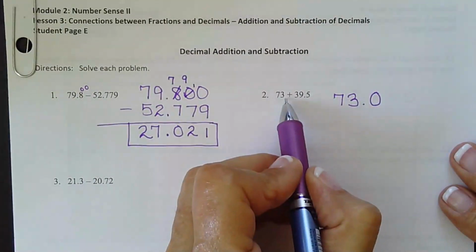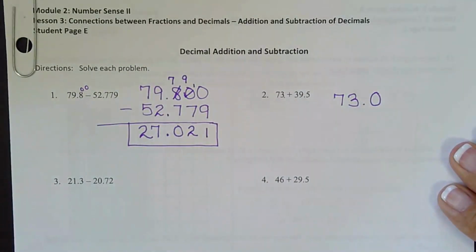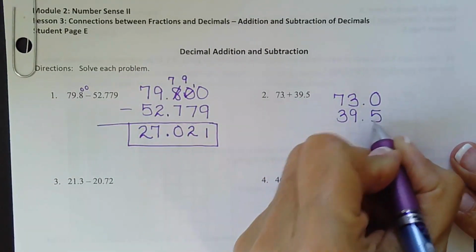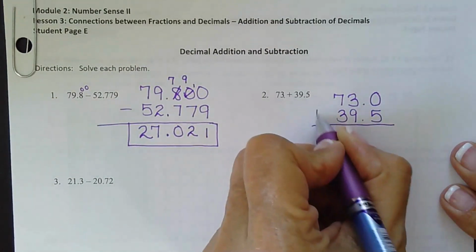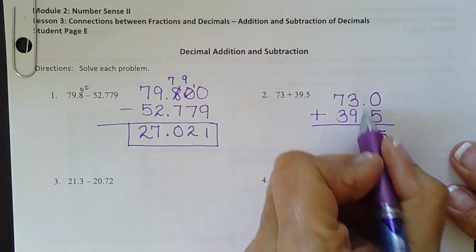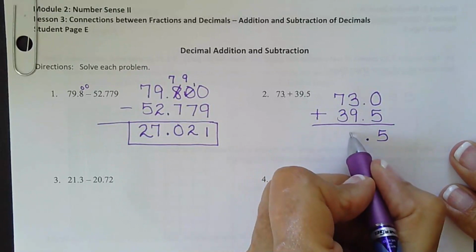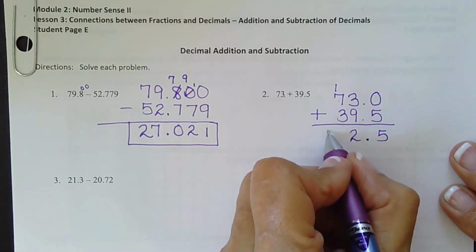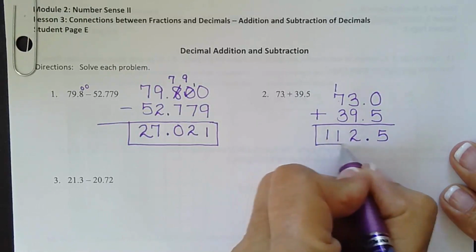Every whole number has an imaginary decimal at its end. And then 39.5, making sure to line up the decimals carefully. Just a regular addition problem. 0 plus 5 is 5. Decimal straight down. 9 and 3 is 12. Carry our 1. 10 plus 1 is 11. And there we have it.